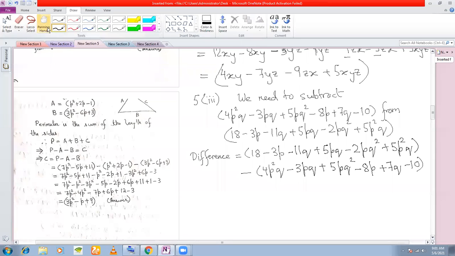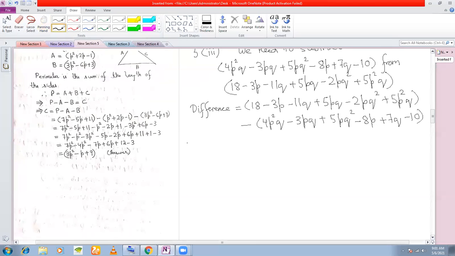Now we open the brackets in the next step, just as we do normally when we subtract: 18 minus 3p minus 11q plus 5pq minus 2pq square plus 5p square q.